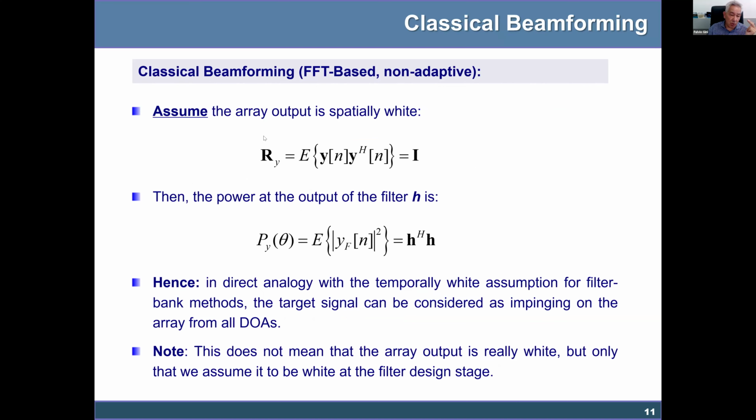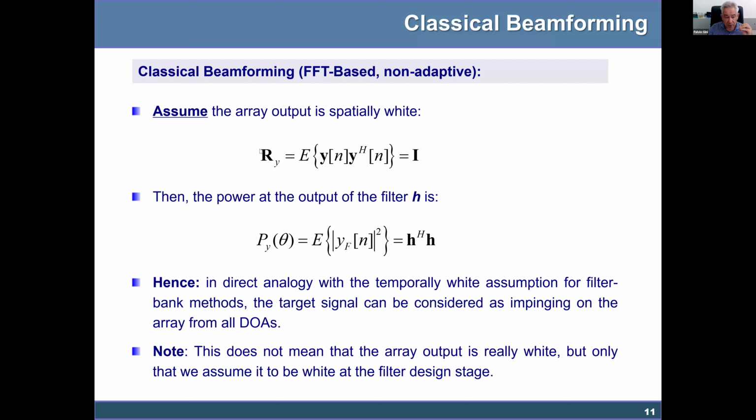Because we don't know R_y, let's assume at the design level that this correlation matrix coincides with the identity matrix. So in other words, at the design level, we assume that the array output is spatially white, so the values are uncorrelated. Obviously, if there is a source, this is not true. But we make this assumption only at the design level.